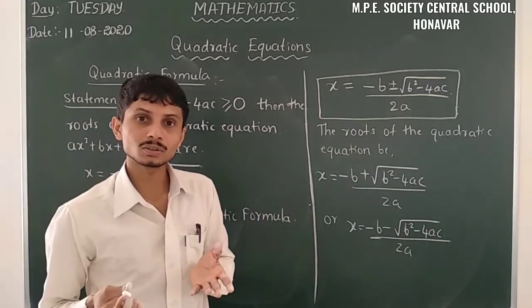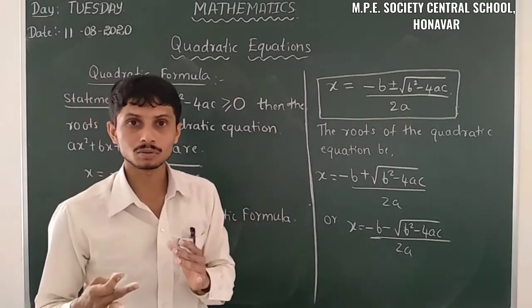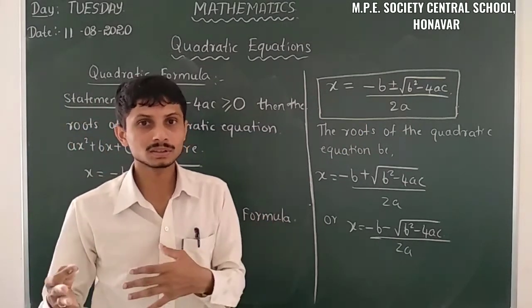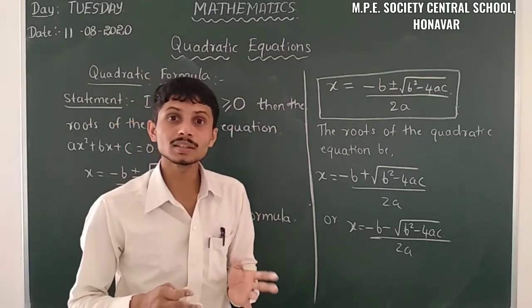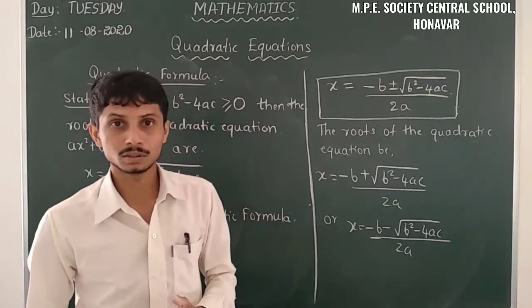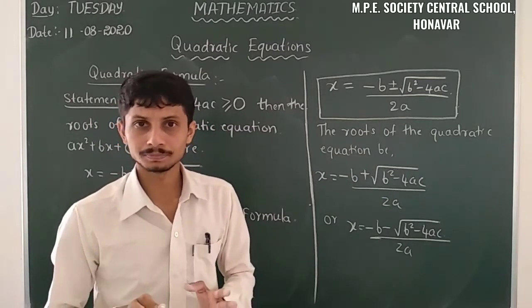Why is it so? Because when we are taking the square root, the perfect square is always positive. There is no chance of a perfect square being negative.